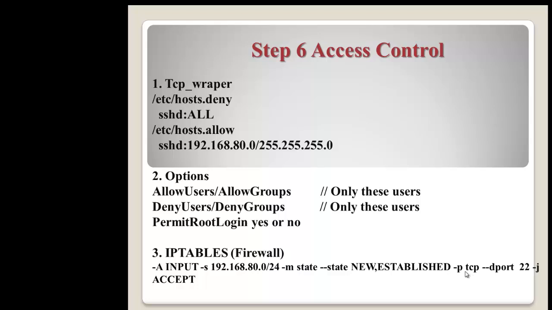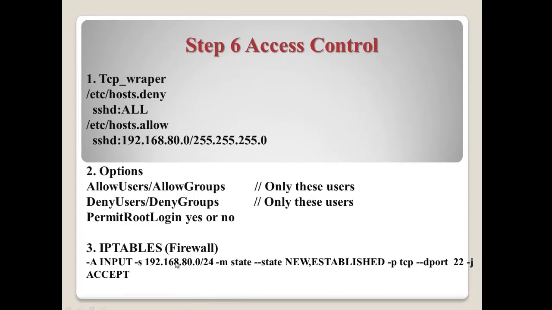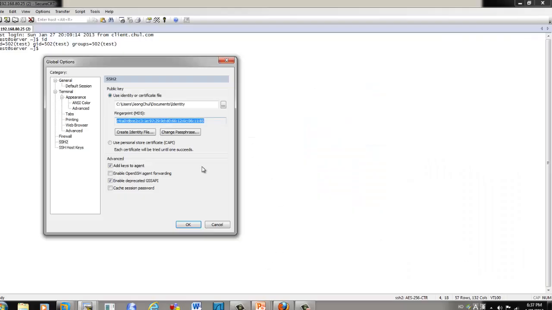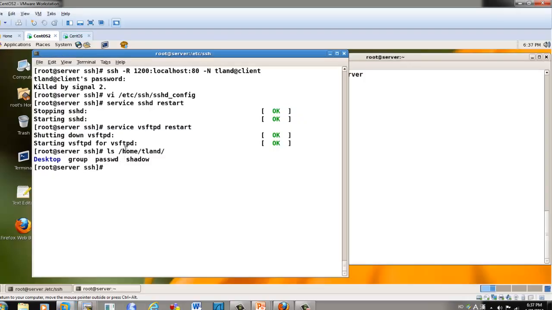Then -p the protocol, --dport destination port 2222, which is the port number of SSH, and -j jump, then ACCEPT. In this case, only this network address can access the SSH server.